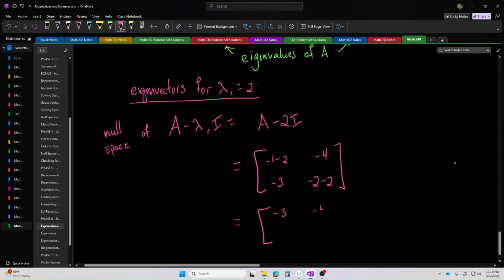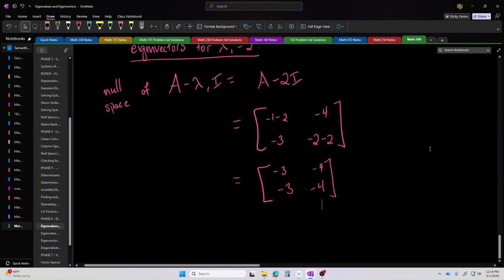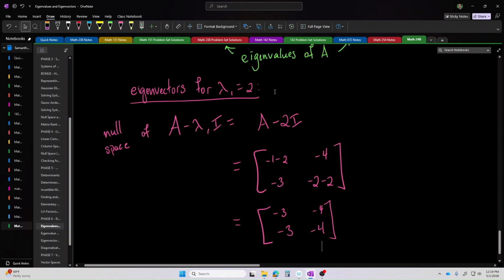So we have negative 3, negative 4, negative 3, negative 4. This is the matrix A minus 2 times I, and the eigenvectors corresponding to this eigenvalue are going to be whatever is the null space of this matrix.